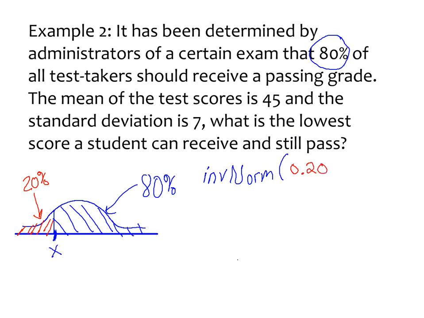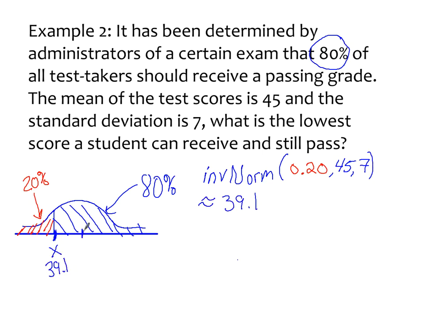So inverse norm, 0.2, 45 for the mean, 7 for the standard deviation, and this is about 39.1, okay? That's this value, right?